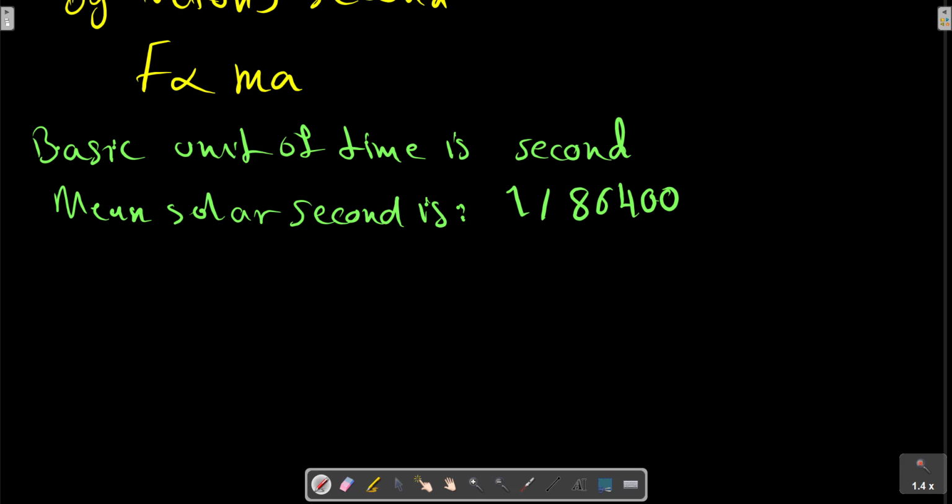The Earth's rotation is sometimes measured relative to a fixed star, in which case the period is called a sidereal day.